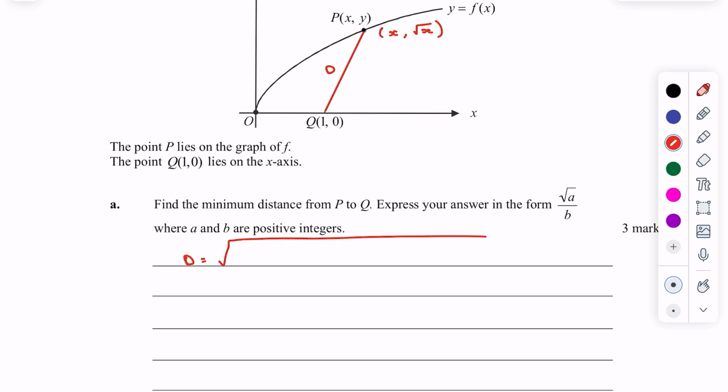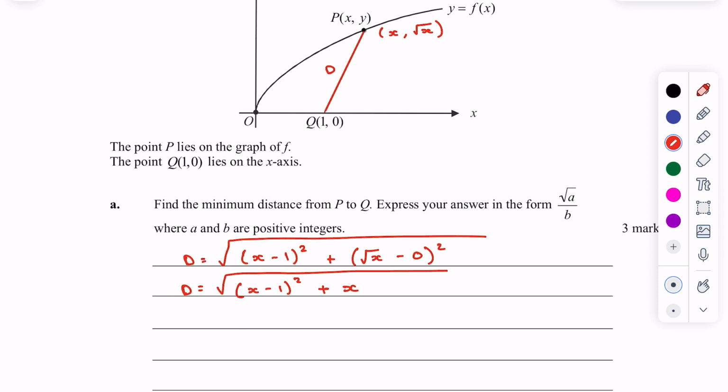So we're going to say x2 minus x1, so that's x minus 1 all squared, plus square root of x, take away 0, squared. My distance here will equal the square root of x minus 1 squared plus x.